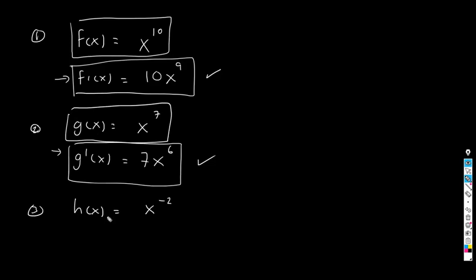Now, what about this? What if they give me h of x equals x to the minus 2, and they want me to calculate the derivative? Can this be done? Yes. Yes, we will be able to do this later. Can we do it at this point with my result, the result that we got already? No. Why not?